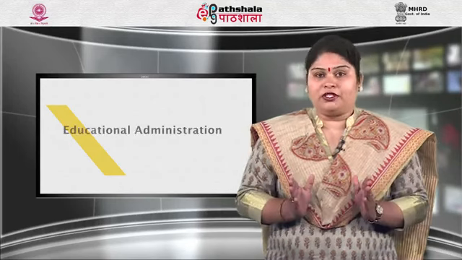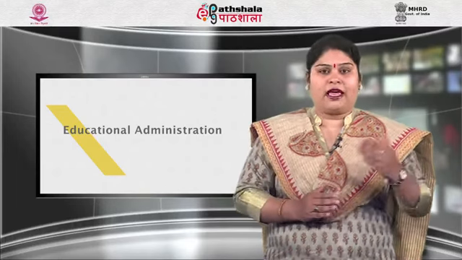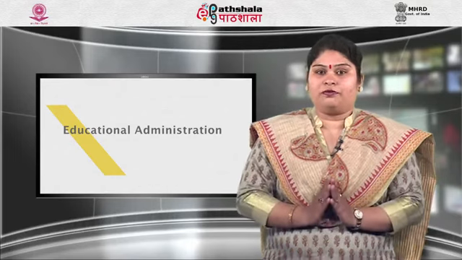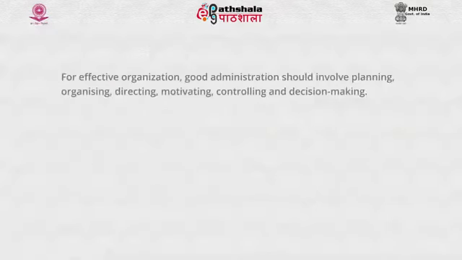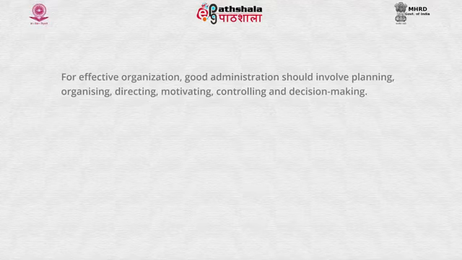So, the administration is concerned with managing resources, allocating tasks, making decisions and solving problems. For effective organization, good administration should involve planning, organizing, directing, motivating, controlling and decision making.